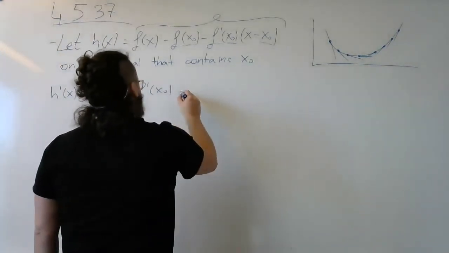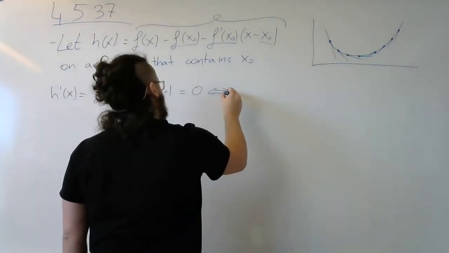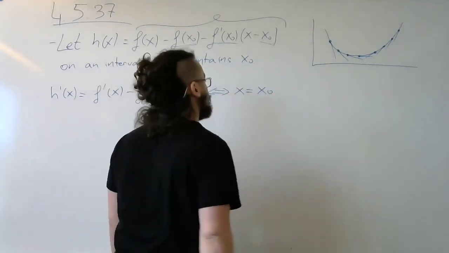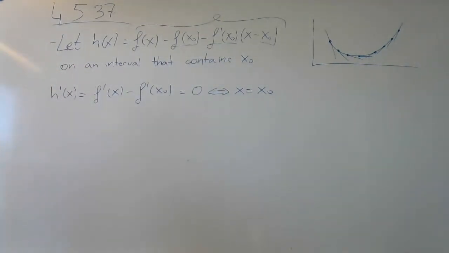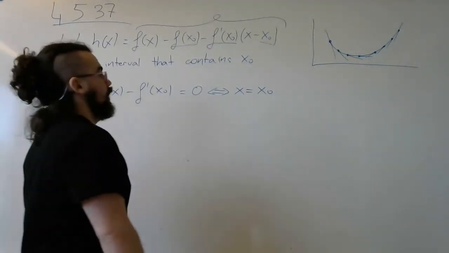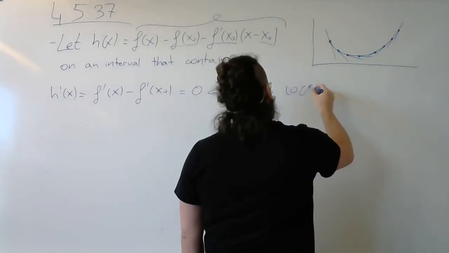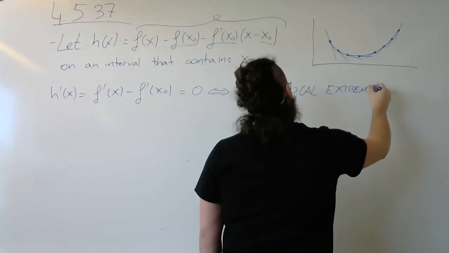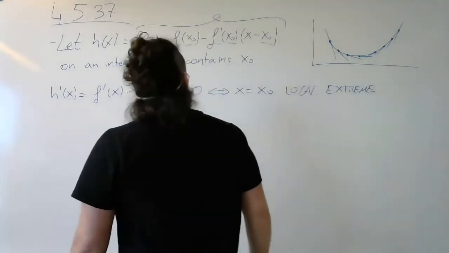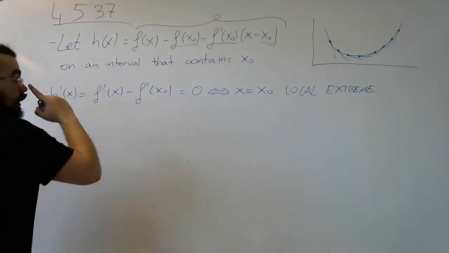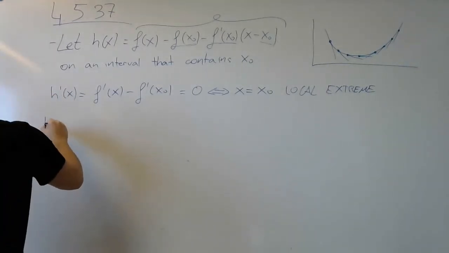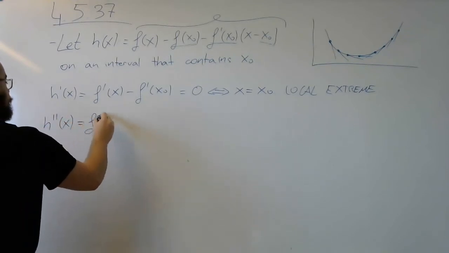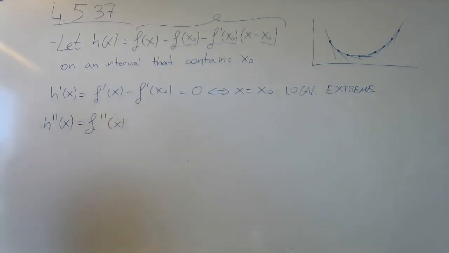And if you look at this, this is 0 if and only if x equals x0. So we have a local extreme point. Now, the second derivative is equal to the second derivative of f at x.